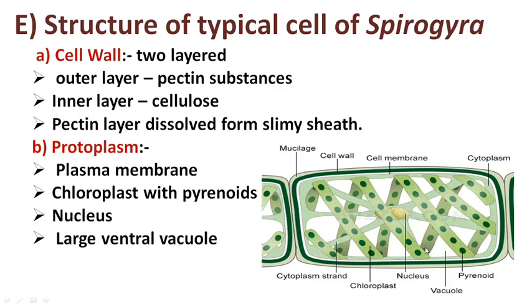The sap is rich in tannin and other organic and inorganic compounds. This empty space is the large vacuole present centrally. So this is regarding the structure of a typical cell of Spirogyra.